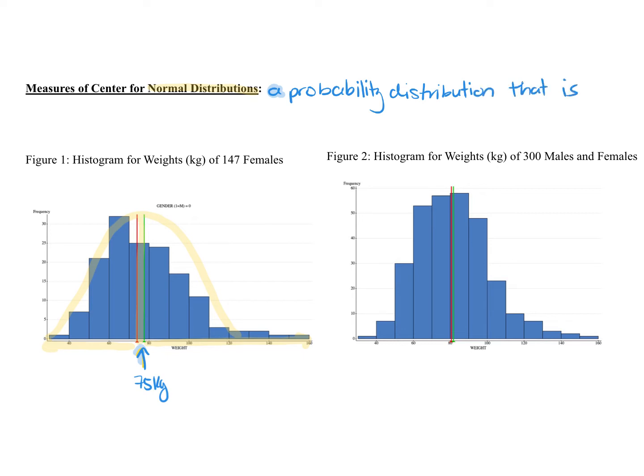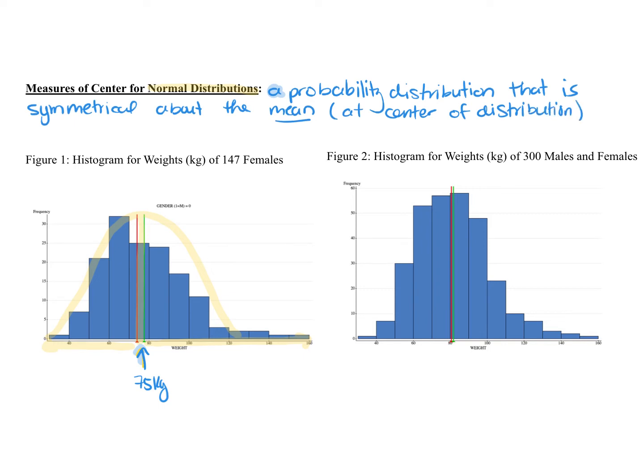So that is symmetrical. And anytime that you have a normal distribution, that mean is always going to be at the center of your distribution. Okay.